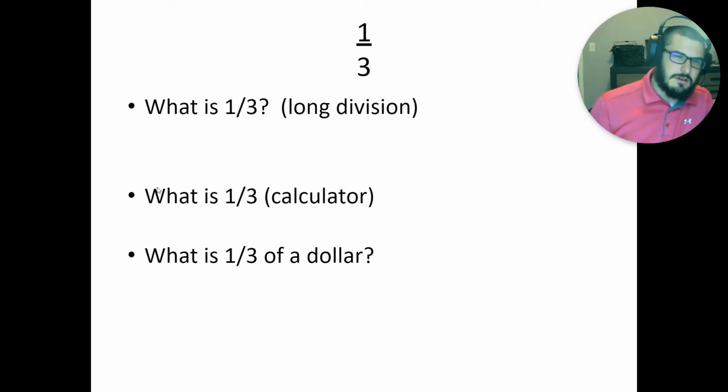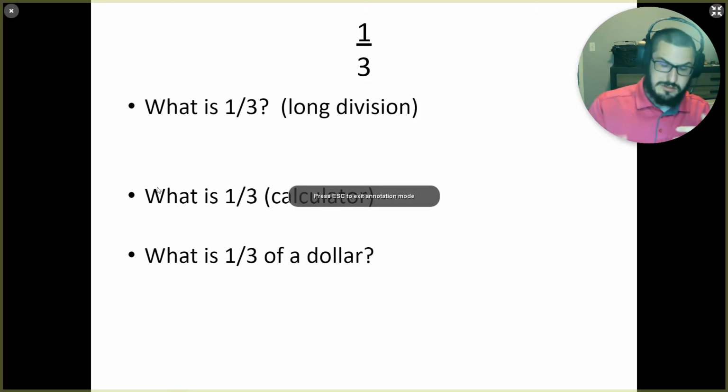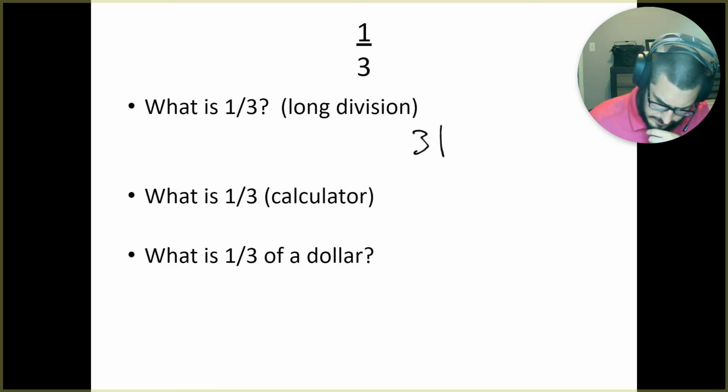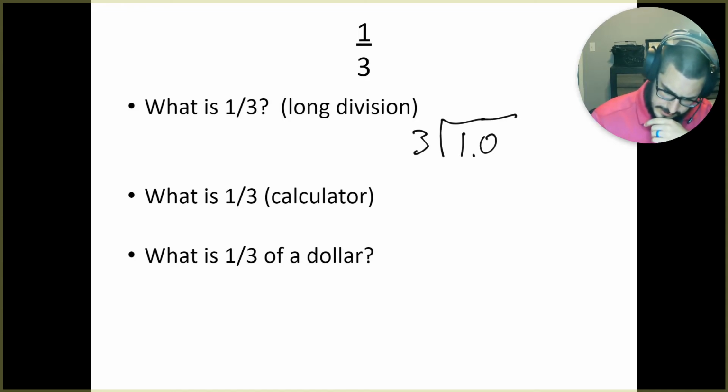All right, then 1/3. This one's going to be a little bit different because you probably already remember this if you've seen it previously. But we're going to do the long division real quick. So 3 into 1. Got to add that decimal, and we're going to see 3 goes into 10.